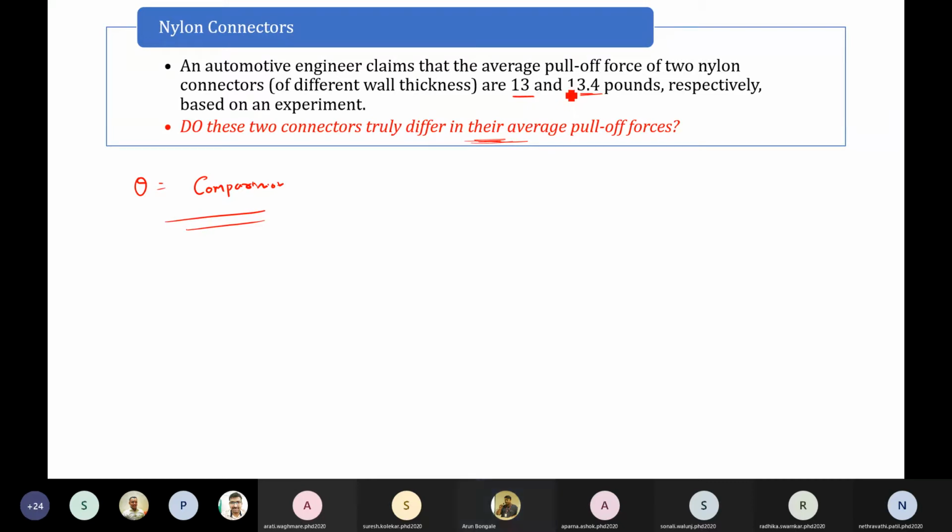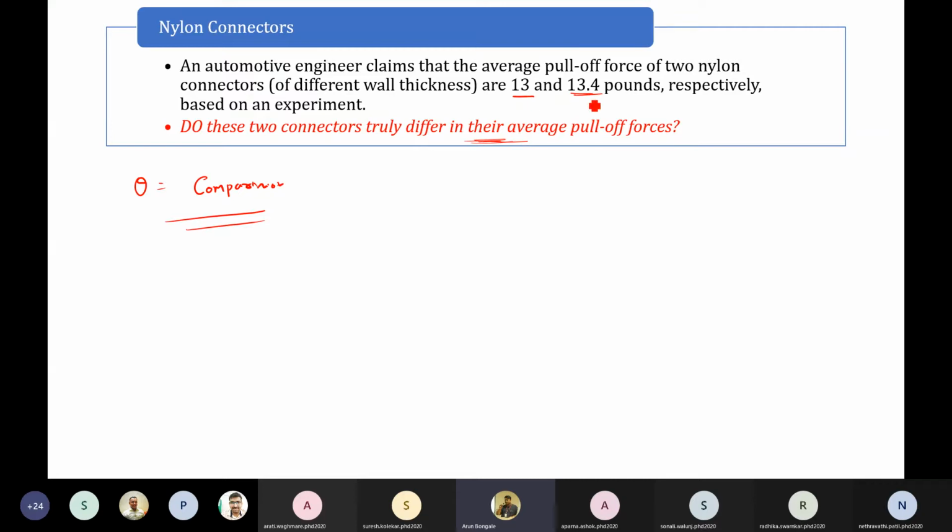Our comparison, or our hypothesis testing, should not depend upon the fact that the result of an experiment was 13 and 13.4, and we do not have to check whether for all samples it is 13 and 13.4 respectively. We are just comparing the pull-off force for two different types of connectors and saying whether they are equal or not.